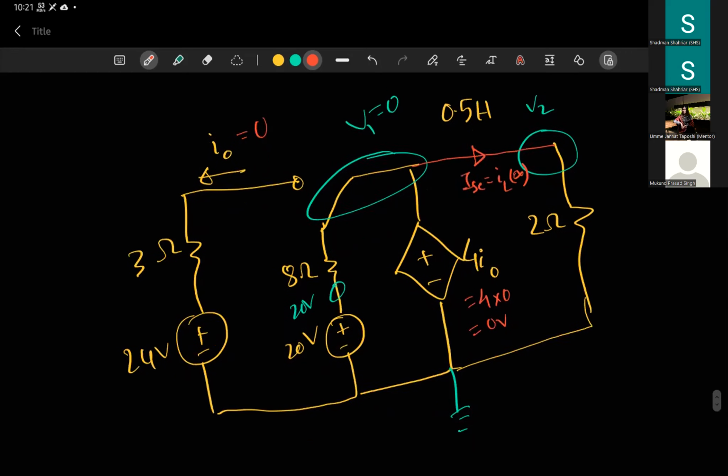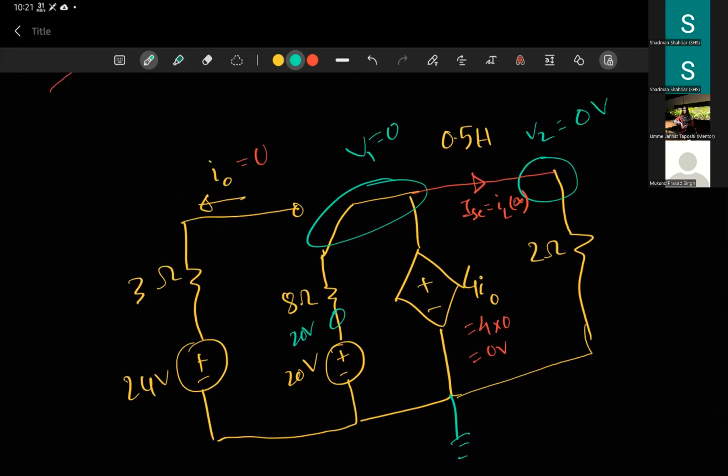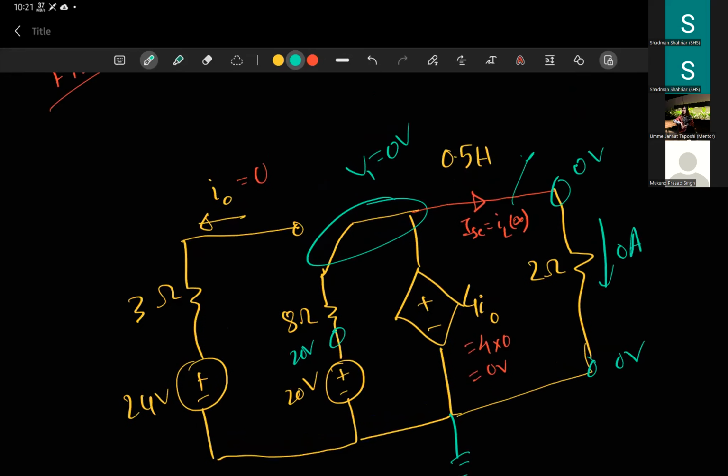You can do node analysis on here and find that this is basically 0 volt. If you are convinced the voltage here is 0 volts, this is short circuit, and you have 0 volts here, 0 volts here. So the current here is also 0 amperes.